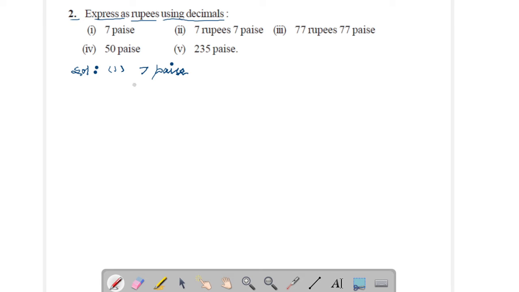Here in 1 rupee, how many paise are there? It is 100 paise. Therefore, 1 paise is equal to 1 upon 100 rupee.